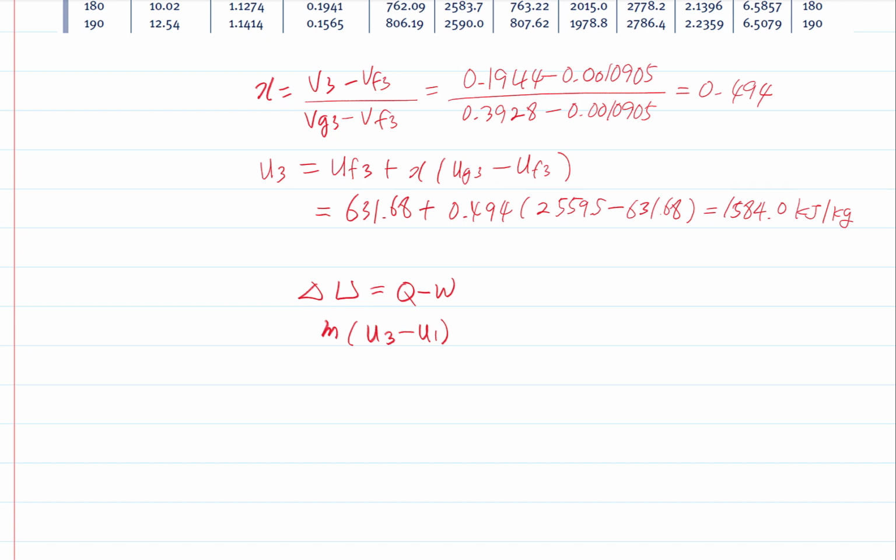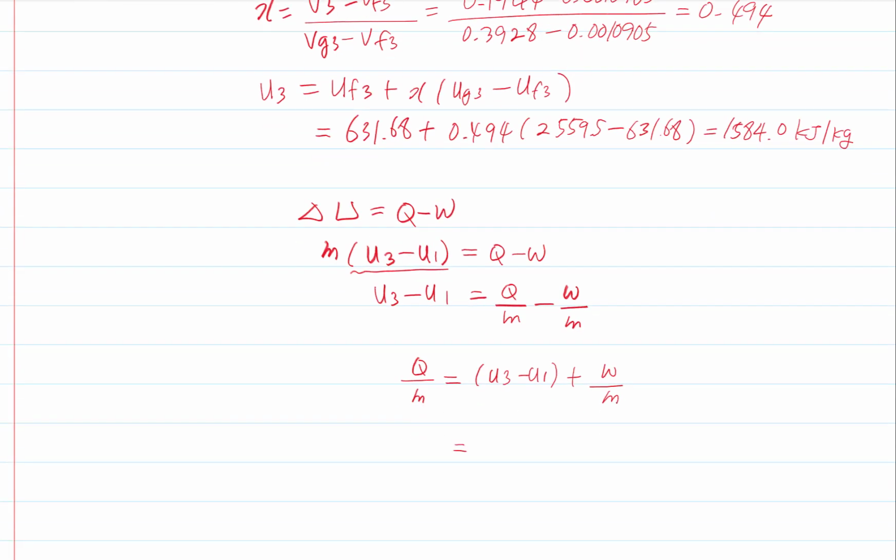So the internal energy change is the final state minus initial state. Divide both sides by m. So negative sign here also indicates the net heat is transferred out of the system.